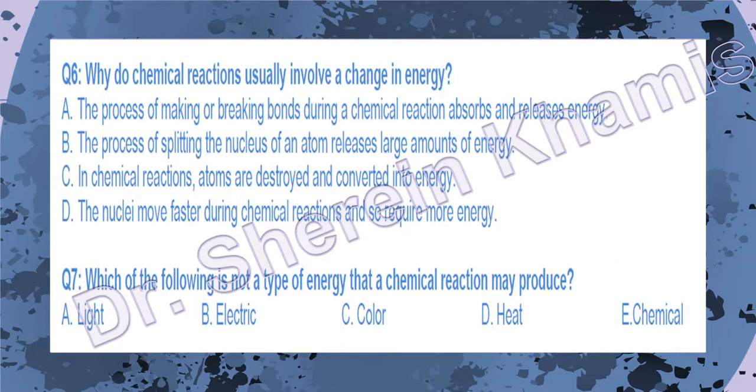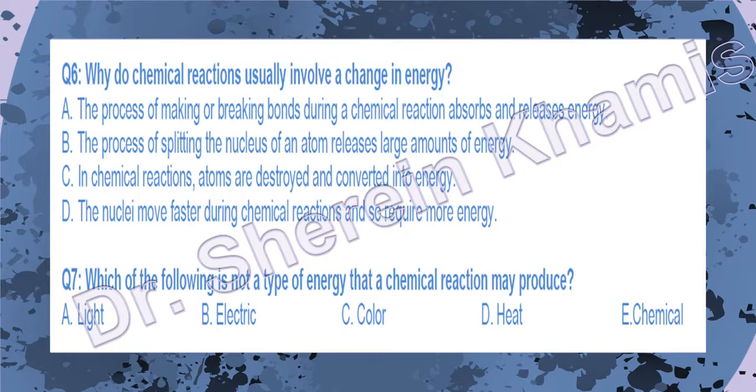We can't split the nucleus as a whole, as it is the dense part of the atom. Third: in chemical reactions atoms are destroyed and converted into energy. No, sometimes we can break a molecule, not an atom. Fourth: the nuclei move faster during reactions and so require more energy.